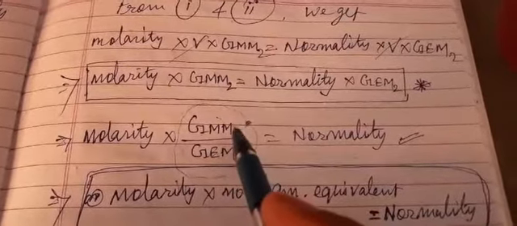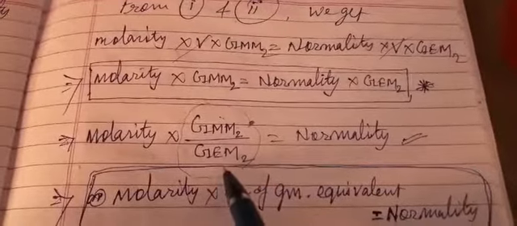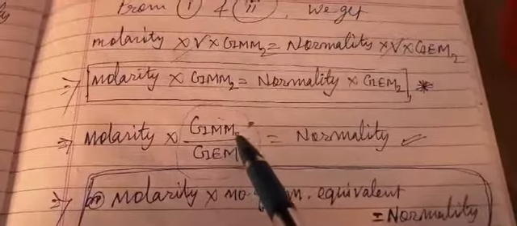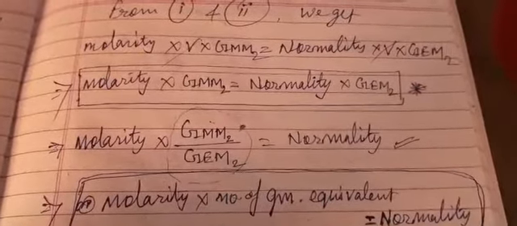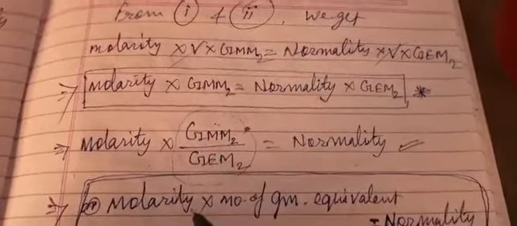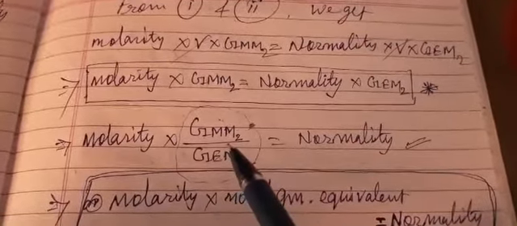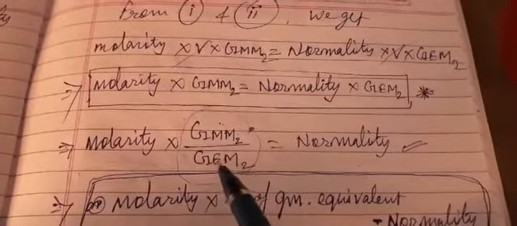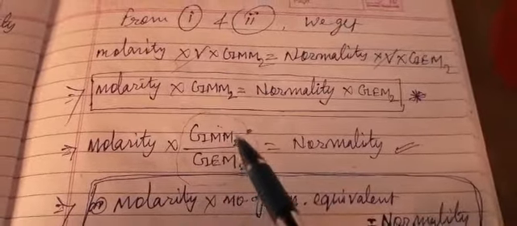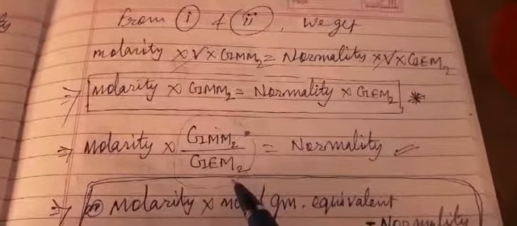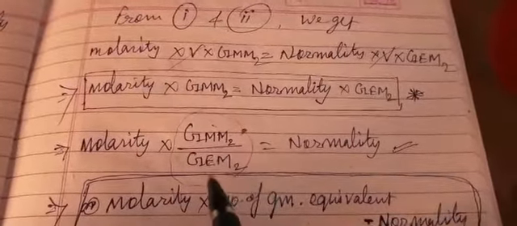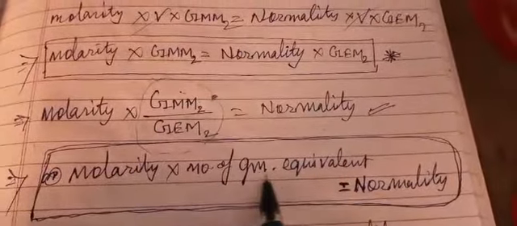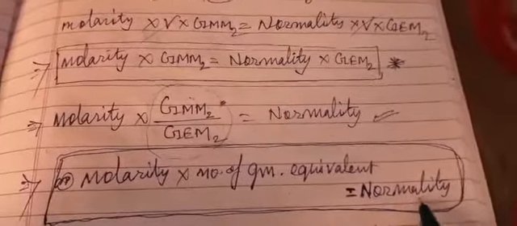So when the molar mass is divided by the equivalent mass, it becomes the number of gram equivalent. So in place of this, what we have written, number of gram equivalent equals normality.